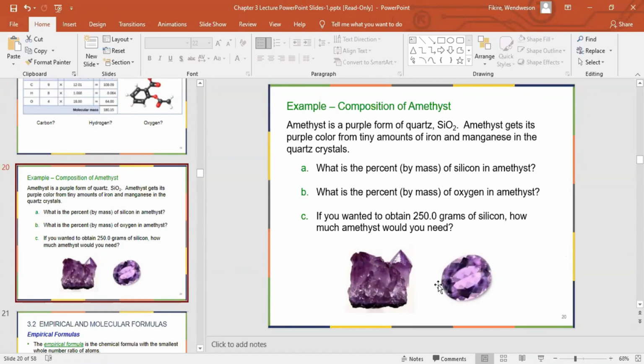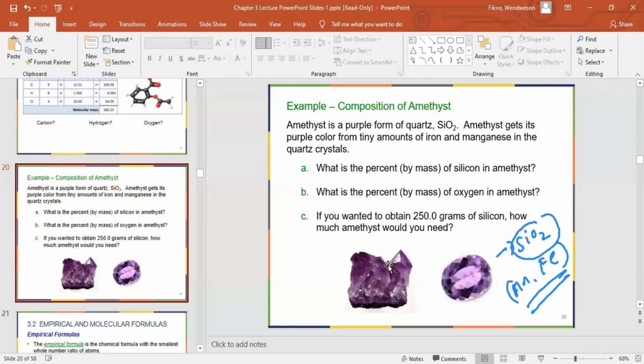I like collecting minerals. So amethyst is SiO2. Now, the color comes from the composition of manganese and iron. There are some components of manganese and iron, not too much, but having manganese and iron will bring you this purple color. But pure amethyst, the formula is SiO2.